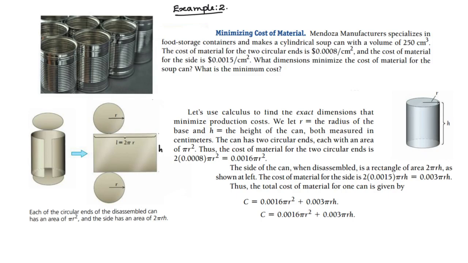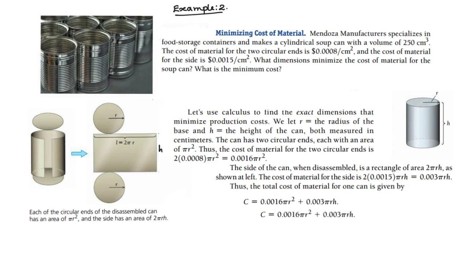Let's look at another example on minimizing the cost of material. A manufacturing company specialized in food storage containers makes a cylindrical soup can, and the volume of the soup can is given as 250 cubic centimeters.